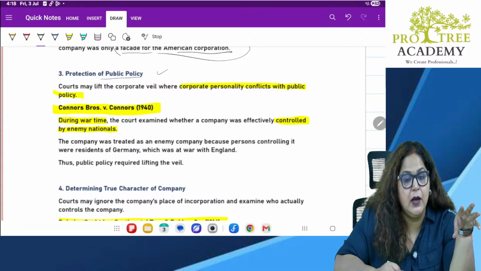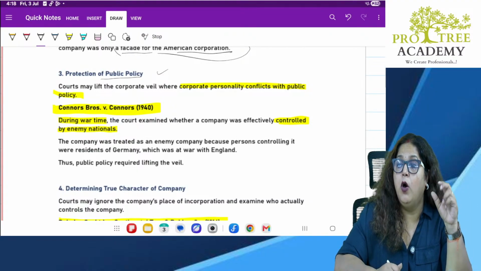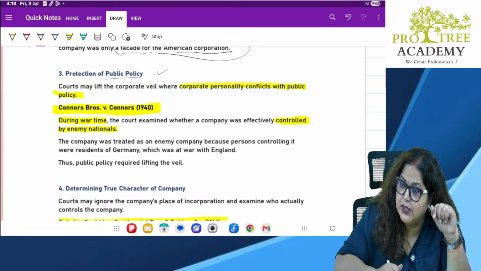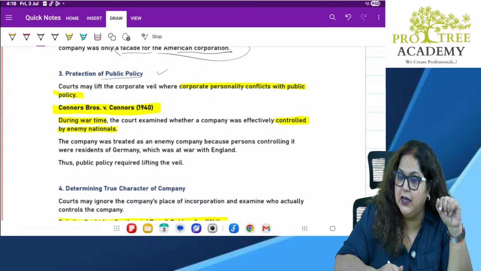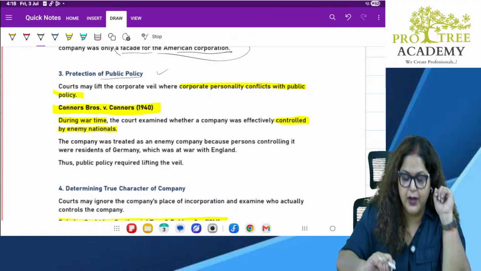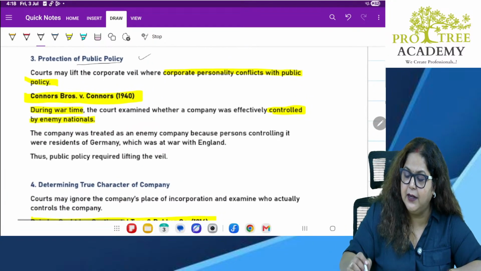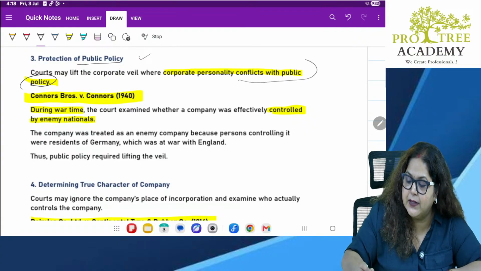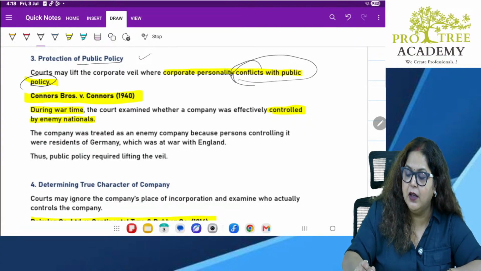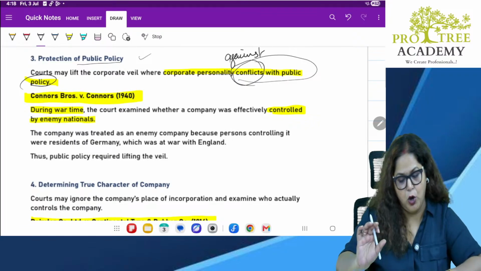If any company is doing any conduct which is ruining or which is against the public policy, the court will interfere in that matter and see who are controlling this company. So courts may lift the corporate veil where corporate personality conflicts with the public policy. Corporate personality conflicts with means they are against the public policy.